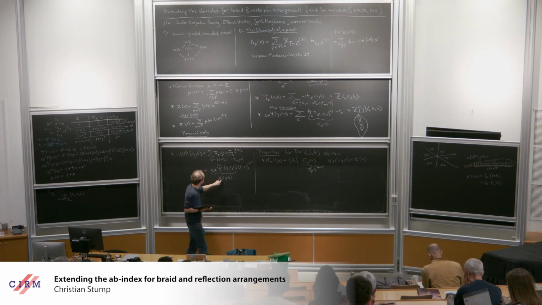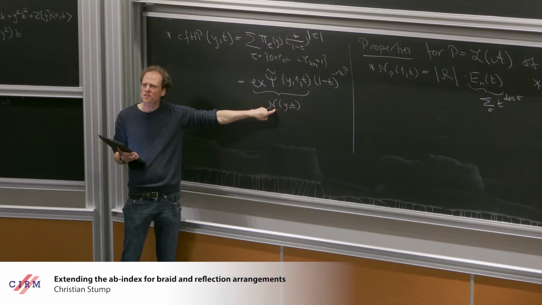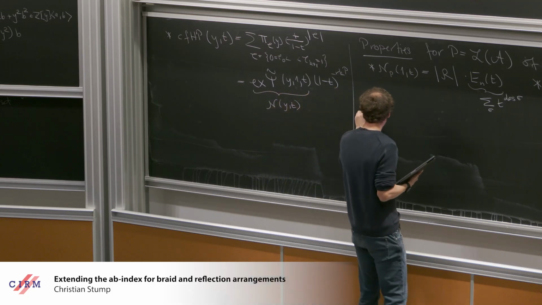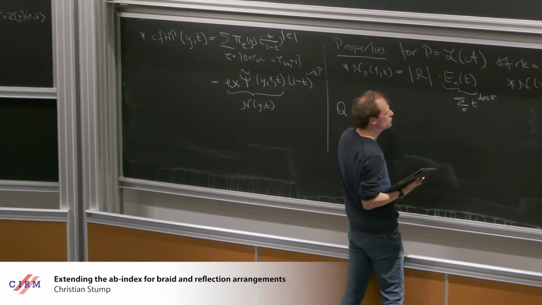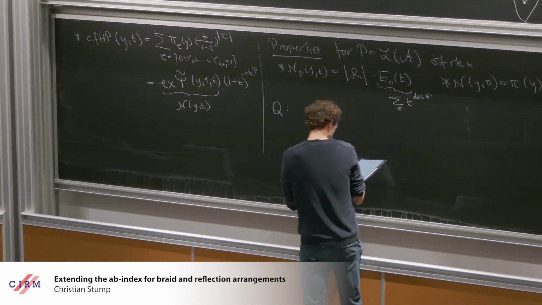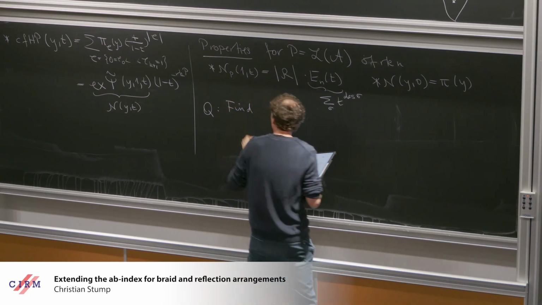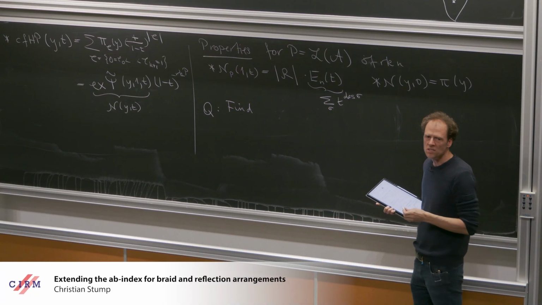But now we have seen that this object has non-negative integer coefficients. So we actually want to find a statistic that produces these numbers. So the question, for you to look at if you want to, is to find what I call a companion statistic for descents.